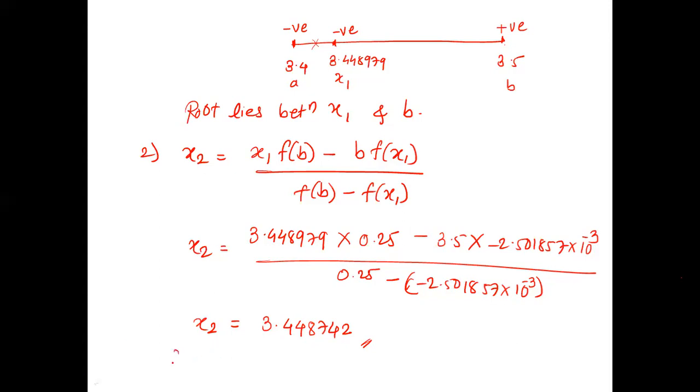Now find out f of x2. Minus 3.6626 into 10 raised to minus 3. Check once, everyone, please check. All the values should be correct, because if even one value goes wrong, we will have a problem ahead. So the value should be correct.